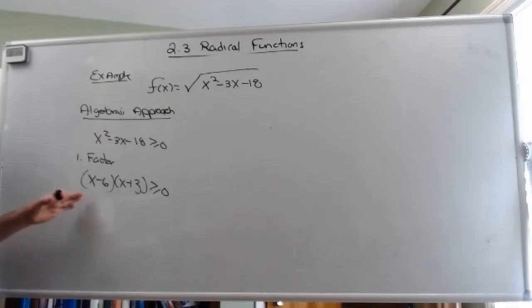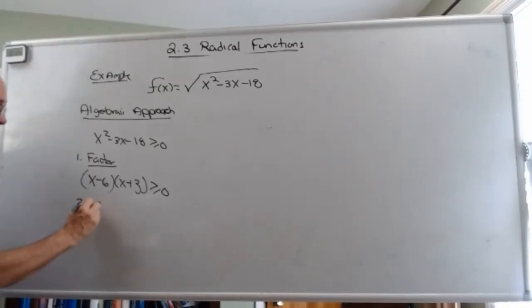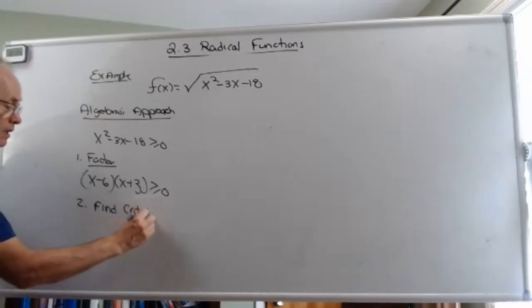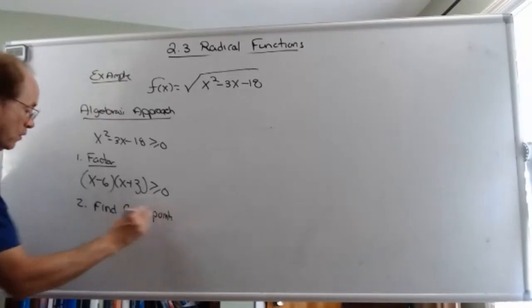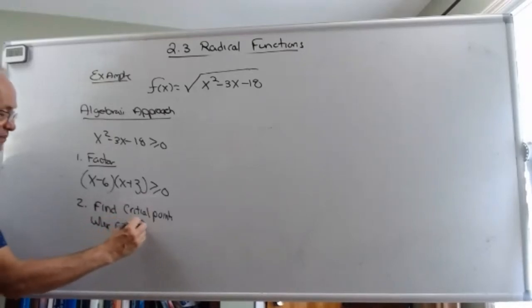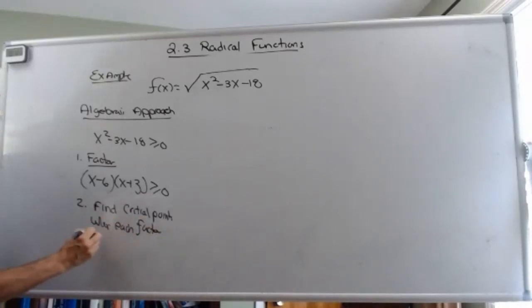What you want to get out of these factors, and the second thing is, find what we call the critical points, or where each factor gives a 0.